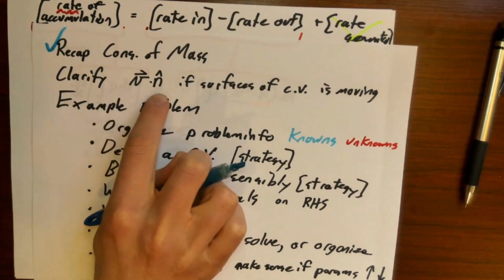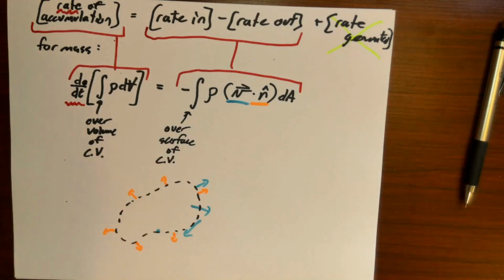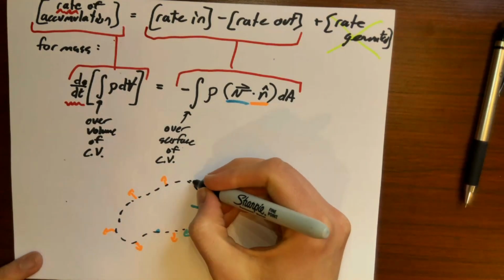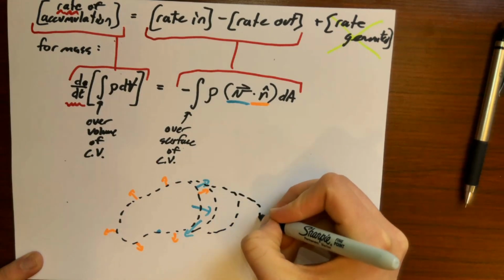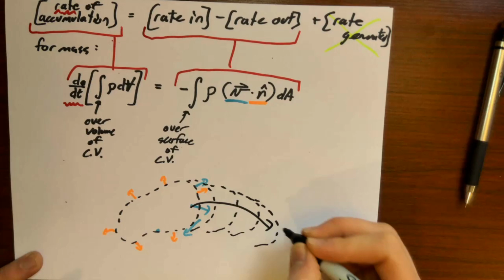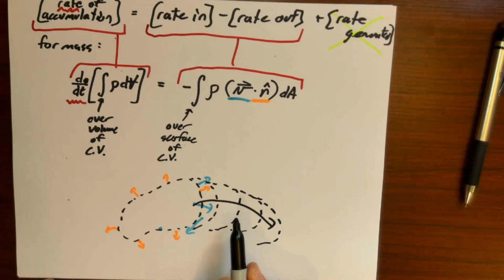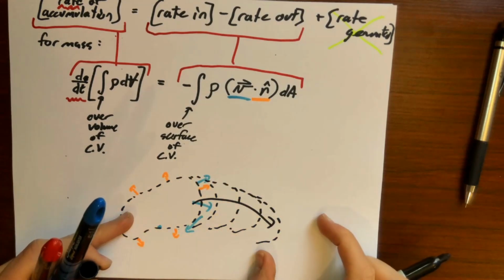Let's clarify what this v dot n means, for example, if our surface is moving. So let's say I had a control surface that looks like this, but in some mathematically prescribed way, I had this part of my control surface ballooning out with time. I had some mathematical way to describe how my control volume itself is changing, right?